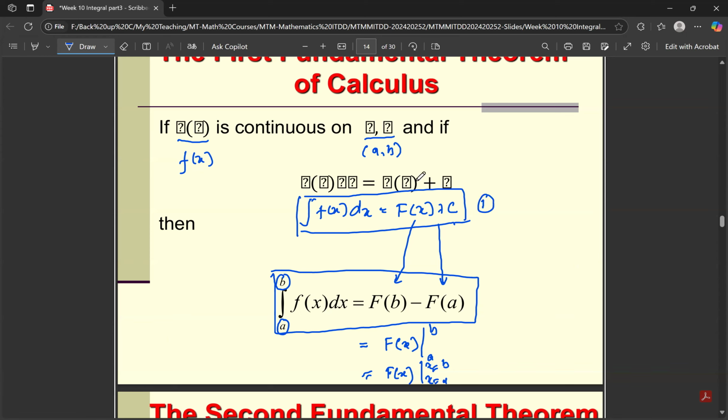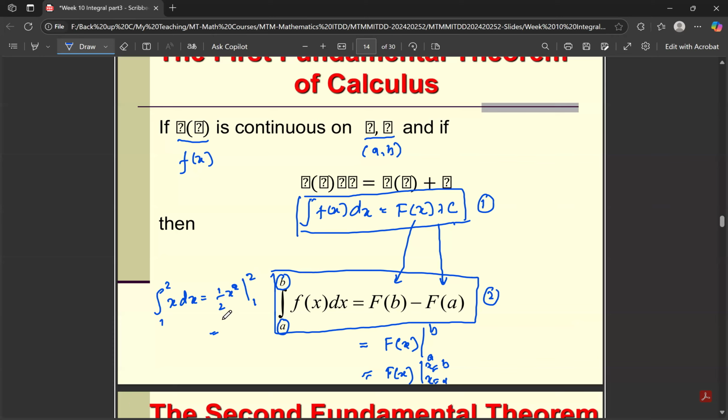The first step is finding the antiderivative, maybe in another space, and the second is to take the antiderivative and evaluate it using the limits. In an easy integral, for example the integral of x dx from 1 to 2, because the integral is easy, you can write it directly: 1/2 x squared evaluated from 1 to 2.